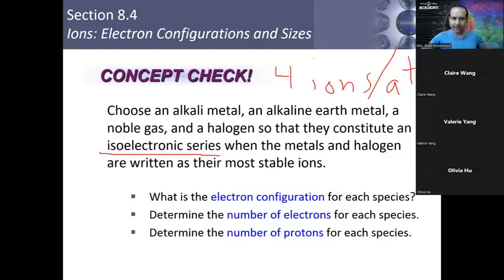And obviously, you want to make sure that they're in the most stable configuration. That means we want to get them into the P6 zone. Once you've written out the electron configuration, for each species.